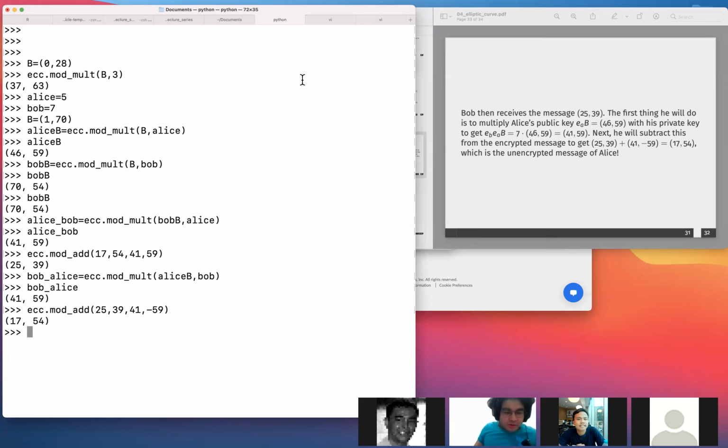No, the elliptic curve itself is standard. There are standard elliptic curves, and also base points. So the only thing that you need to actually generate is the private key. Once you have your private key, it's very easy to generate the public key and then publish it. Yeah. Thank you.